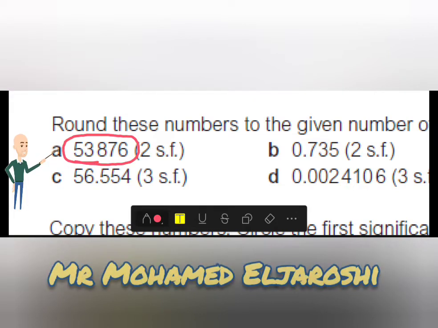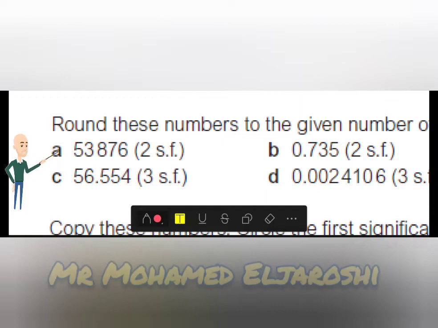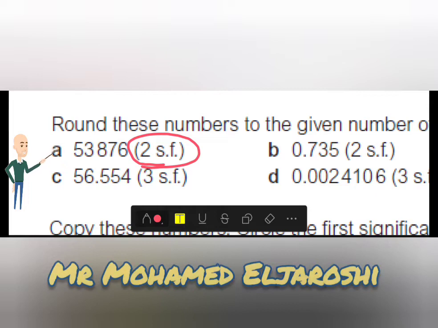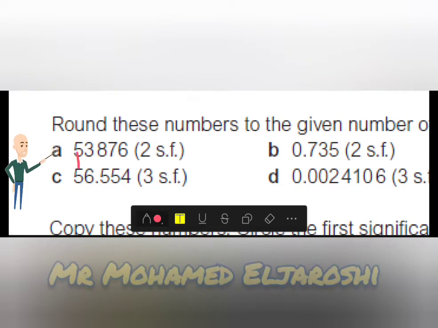Now when we round to one significant figure or two significant figures, we will start counting numbers and then we stop and then we look at the number after it, and depending on that number we will round. Now they want two significant figures, so it means two numbers. So we count two numbers, 1, 2, and then we look at the number after it, which is 8.